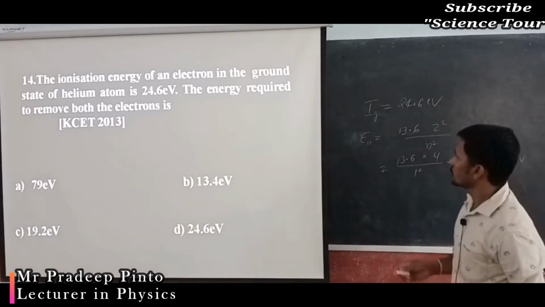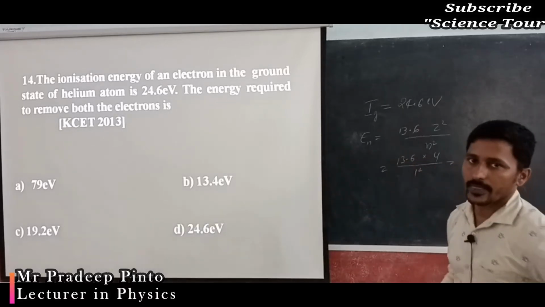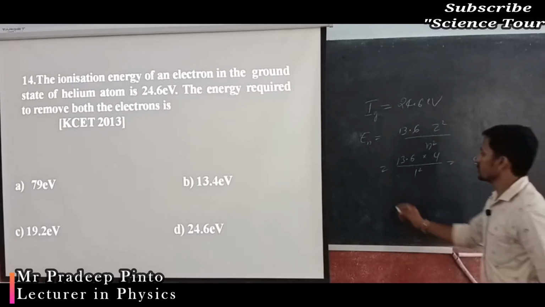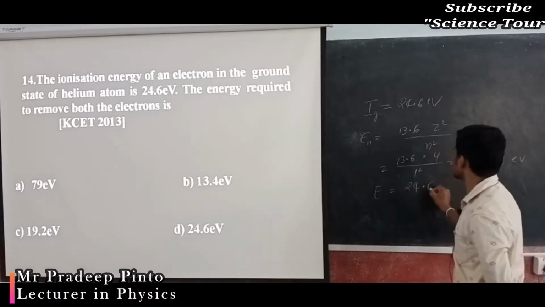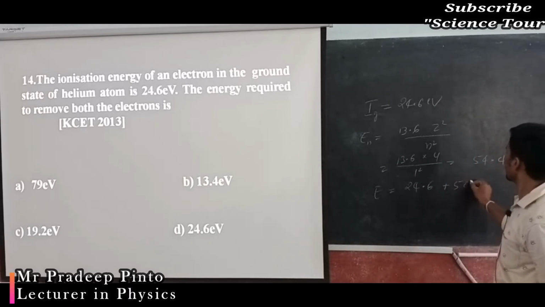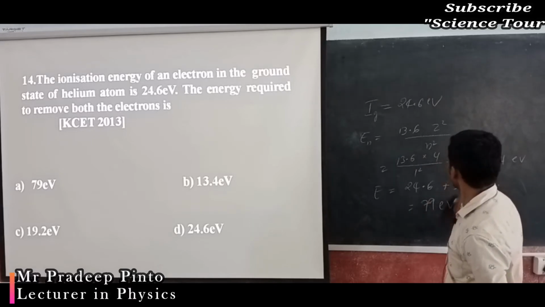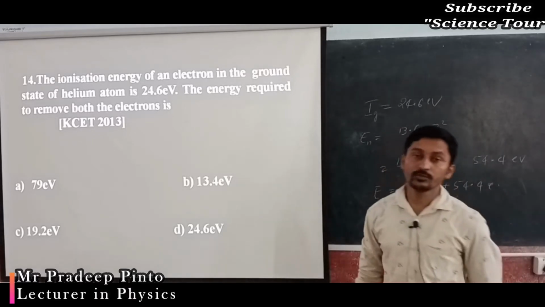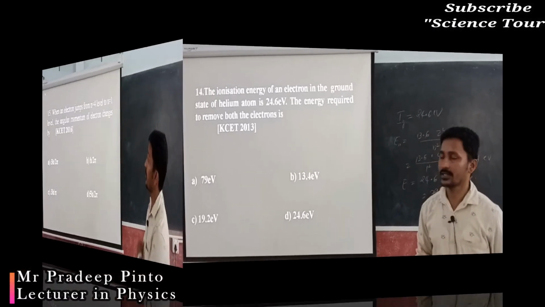So to remove both the electrons, the total energy is nothing but 24.6 eV plus 54.4 eV, which is equal to 79 eV, the total energy required to remove both the electrons. That is what the answer is.